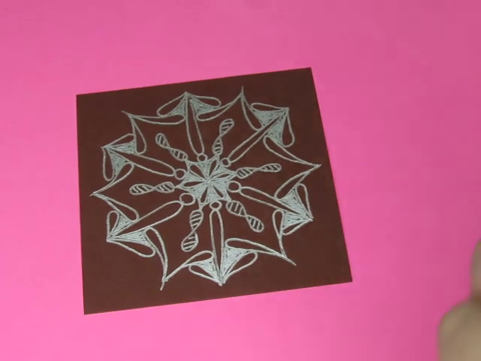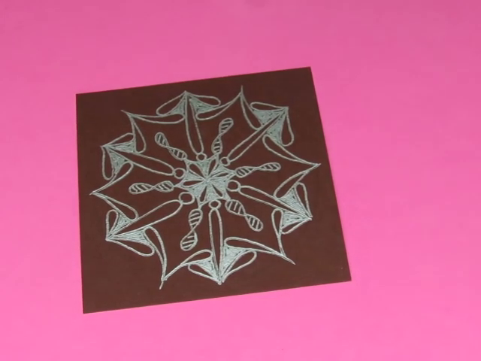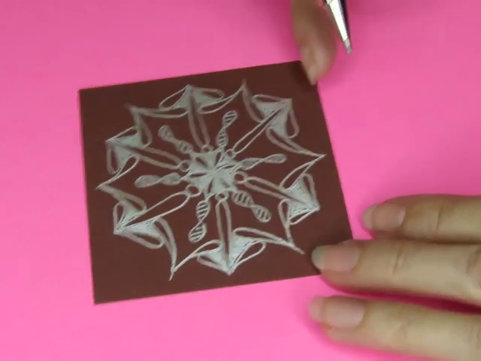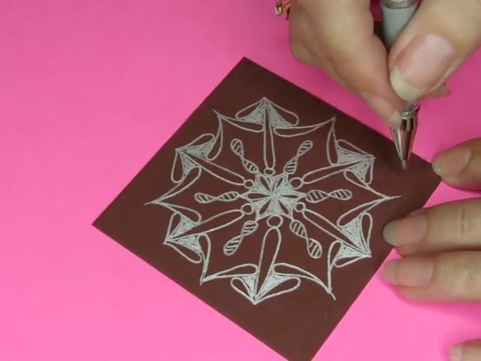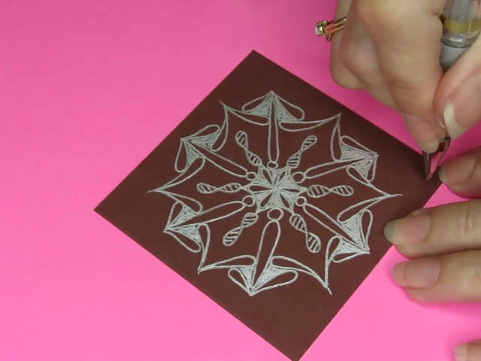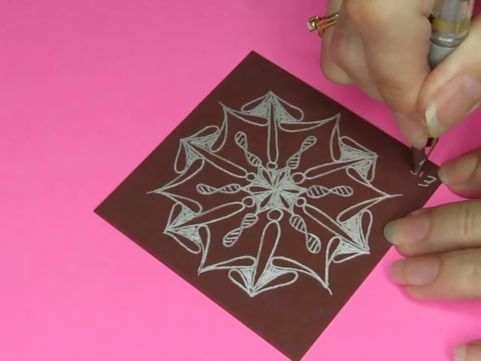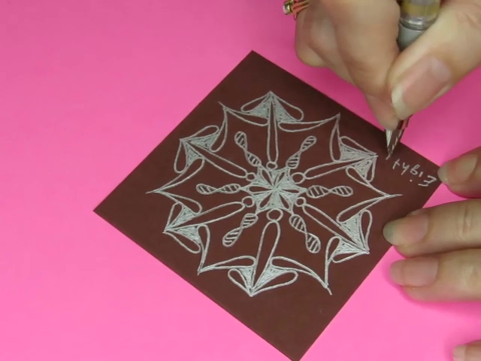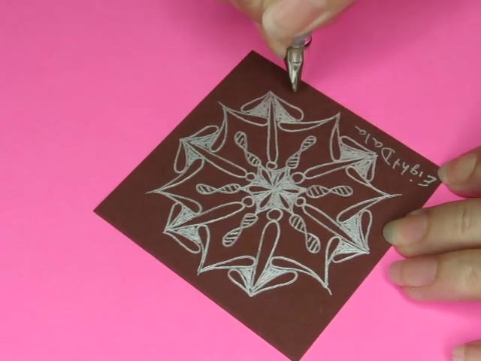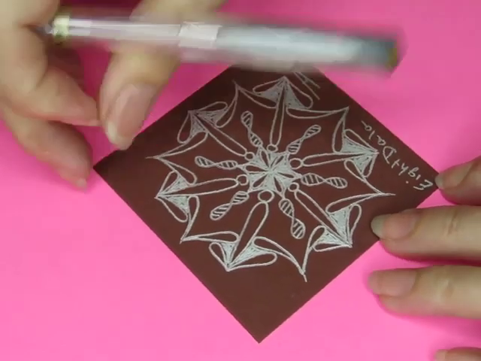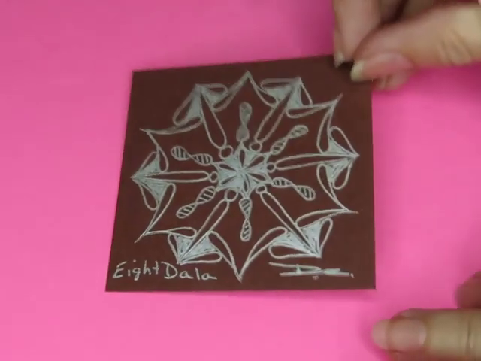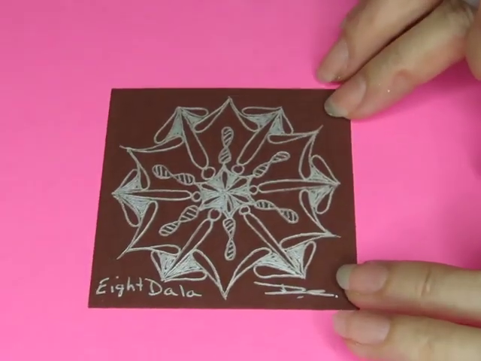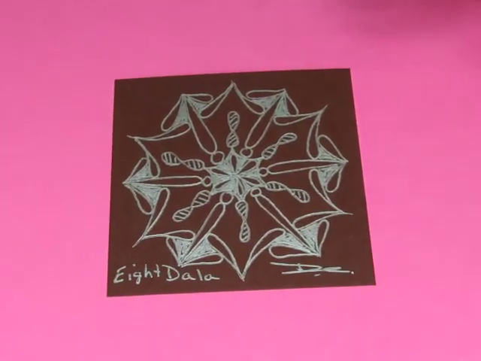Oh, that's very pretty. Okay, I'm good with that. Oh, that's a quick and easy one. Much better than the last one I did. There we go. An 8 mandala. Super simple, quick, and easy.